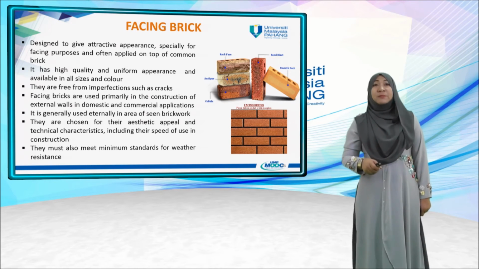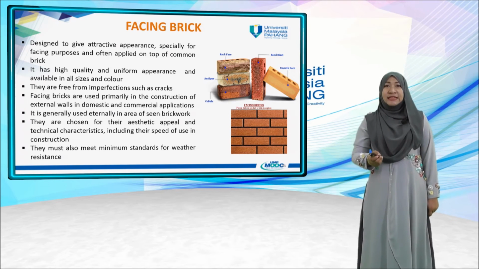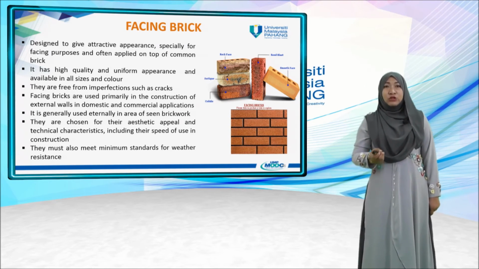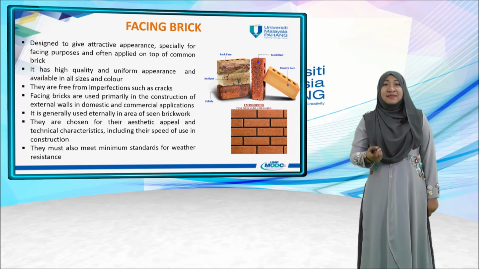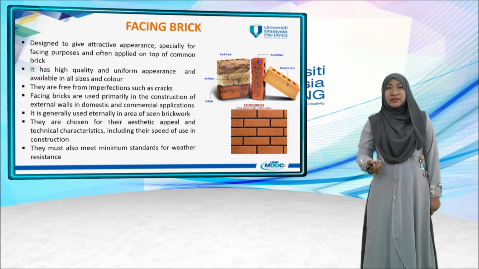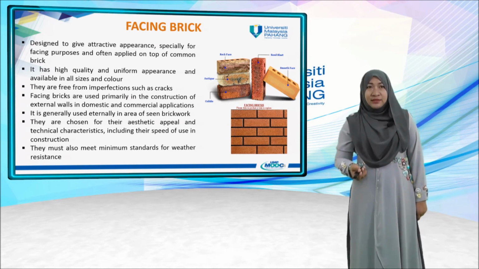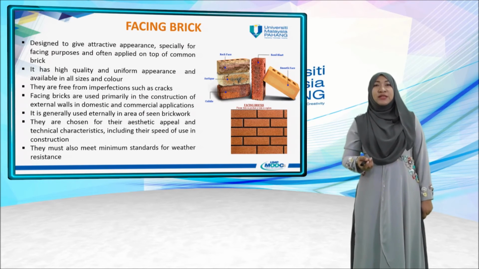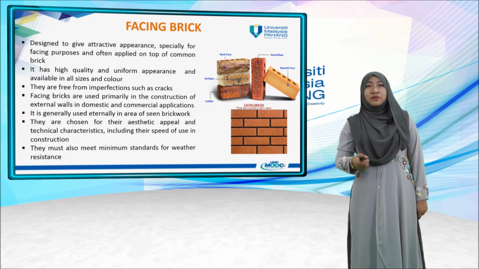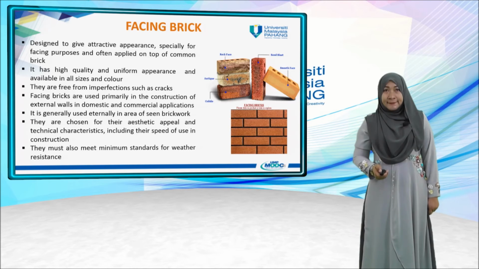They are free from imperfections such as cracks. Facing bricks are used primarily in the construction of external walls in domestic and commercial applications, and are generally used externally in areas of thin brickwork. They are chosen for their aesthetic appeal and technical characteristics, including their speed of use in construction, and they must also meet minimum standards for weather resistance.